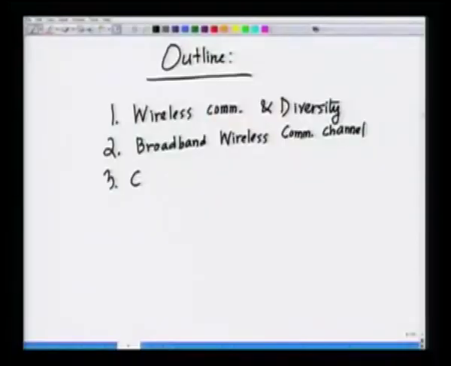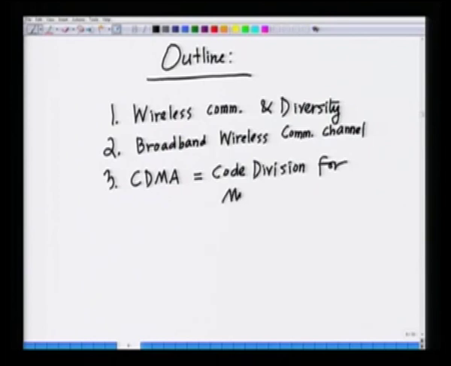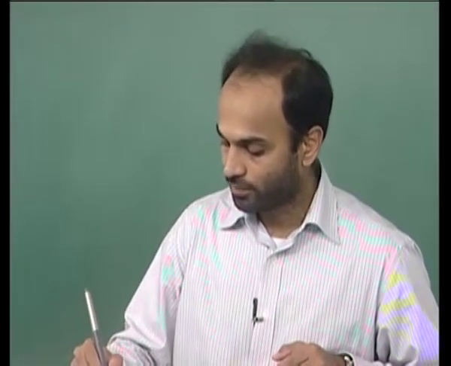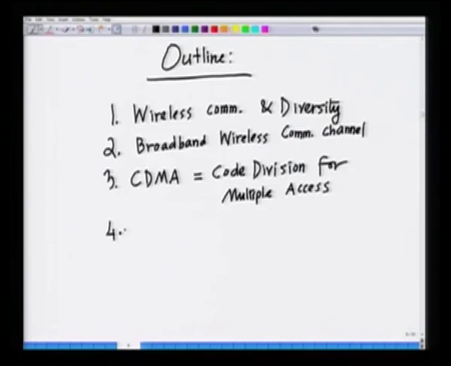So, the first technology is not surprisingly CDMA, which stands for Code Division Multiple Access. This is the first technology that we are going to look at. Another key technology which makes possible 3G and 4G wireless systems is OFDM.